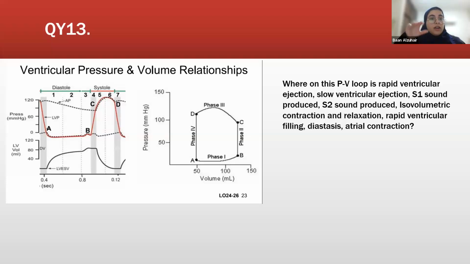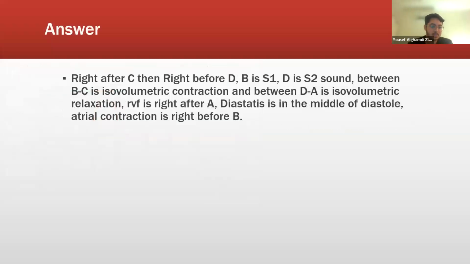That's when the atria must contract in order to push the rest of the blood into the ventricle. Think about it this way. Okay, good. Is that clear, everyone? Hope it is. Here's the answer in case you guys want it.